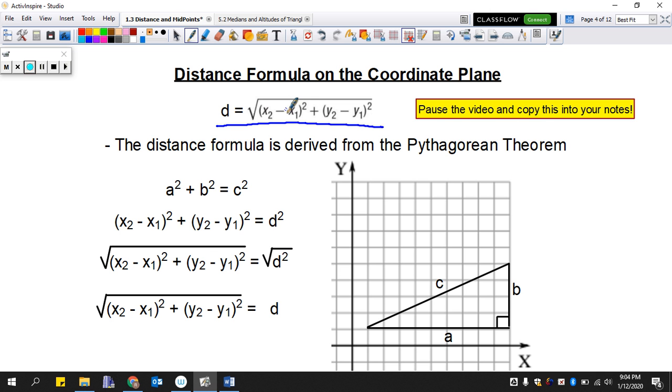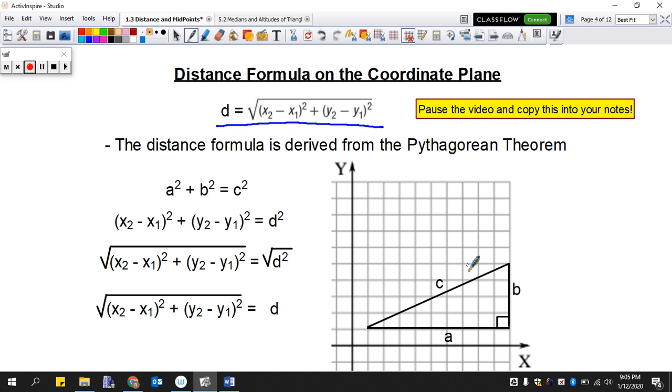Okay. Now that you've done that, the distance formula is derived from the Pythagorean theorem, and the only reason I'm going into that is because sometimes, and I'll show you on the first example that we're doing, you can actually use the Pythagorean theorem in order to find the distance. So suppose we want to find the distance from here to here, that distance right there, okay?